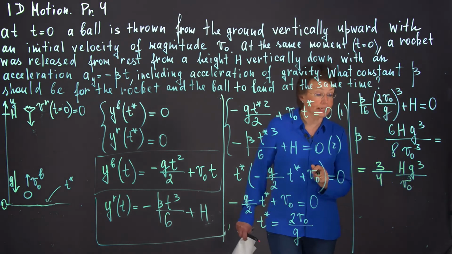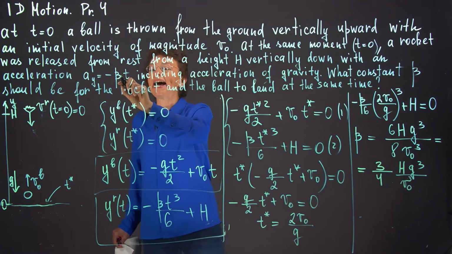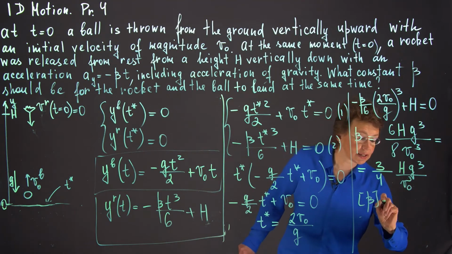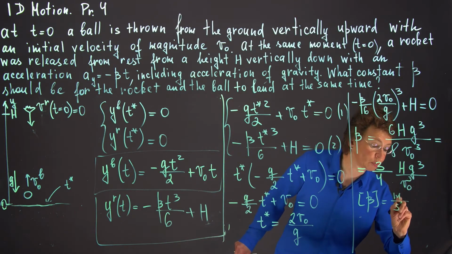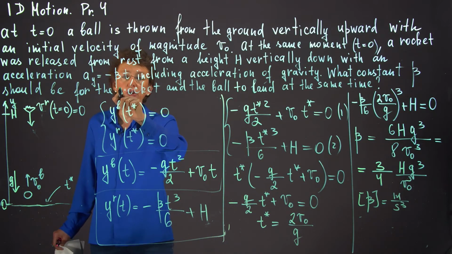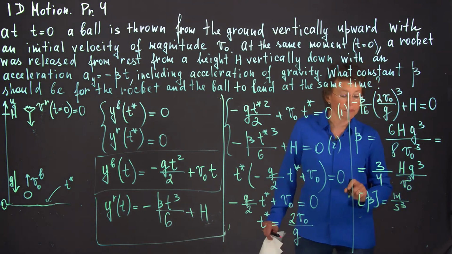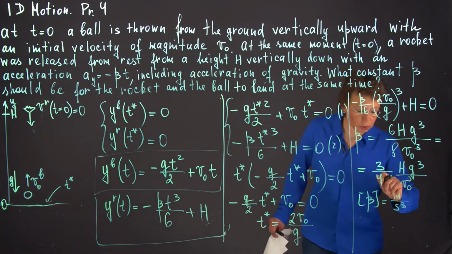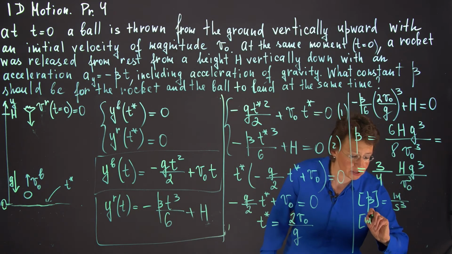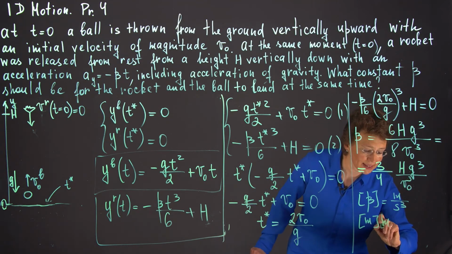Now let's check the dimension. I cannot check this 3 over 4, but I can check the dimension. Beta has to be in meters per second cubed, because acceleration is in meters per second squared, so meters per second cubed times second, it should be correct. Let's check what I have here. H is in meters.